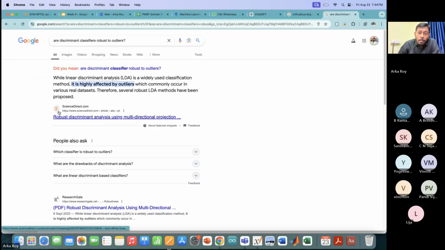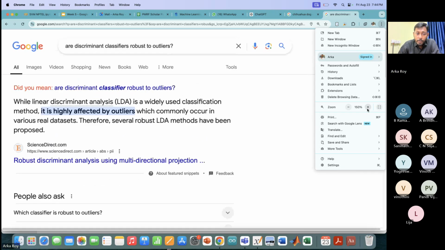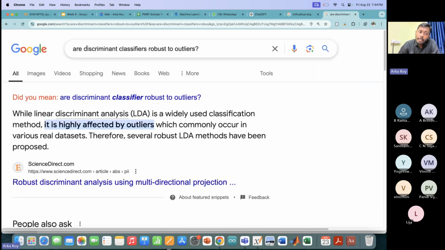This is a research paper that I am referring to. If you just search the question as it is, you will see this particular paper come up. This is a paper published in Science Direct.